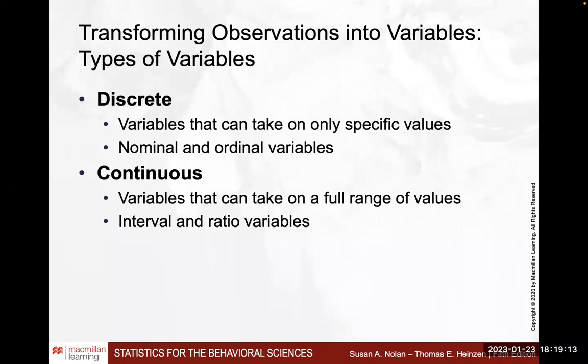Discrete data are variables that can only take on specific values. They're subcategorized into nominal and ordinal variables. Continuous data are variables that can take on a full range of values and can be subcategorized into interval and ratio variables. What does this mean?